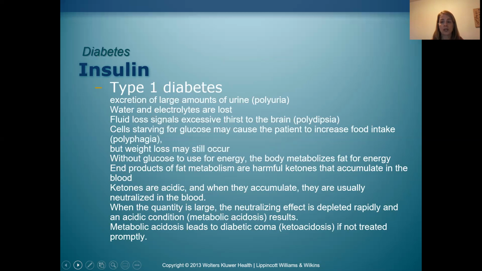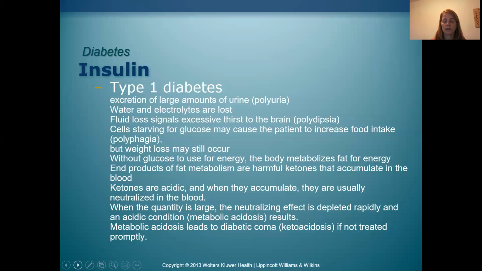Ketones are produced and are found in the blood, which becomes more acidic, and if there are large amounts of ketones in the blood, then they would go into a diabetic coma or ketoacidosis. And this is type 1 diabetes. It potentially ends with a medical emergency of metabolic acidosis leading to the diabetic coma if not treated promptly.